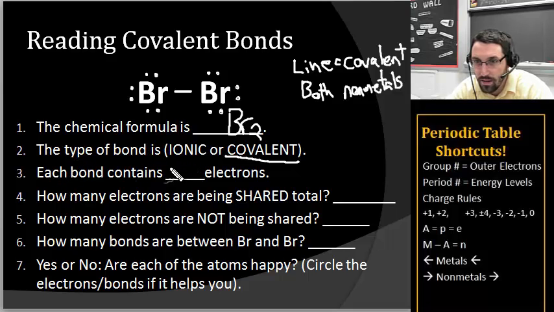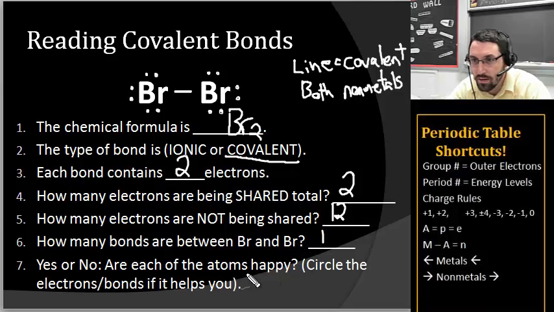Each bond, every single bond, always contains 2 shared electrons. So how many electrons are being shared in this example? It would be 2. How many electrons are not shared? You count up all the extra dots, I get 2, 4, 6, 8, 10, 12. 12 electrons not shared. And then there's 1 bond between Br and Br.